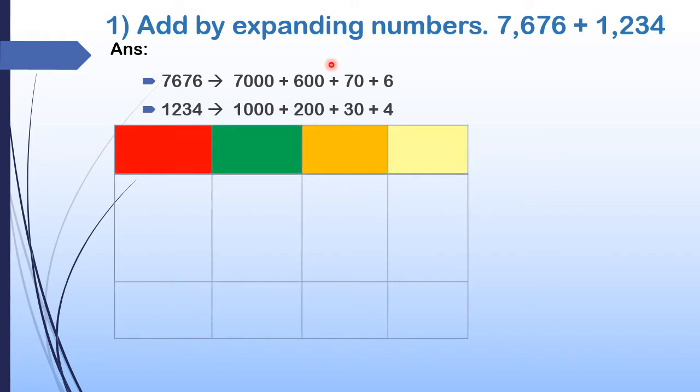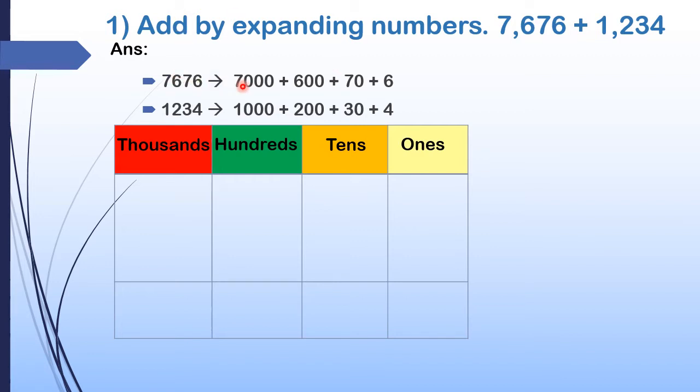Yes, we have to draw one tabular column. Okay, now what is the next step? Yes, ones, tens, hundreds, thousands. So after finishing this tabular column, we have to write the given numbers according to their place values. So the first number is 7,676.